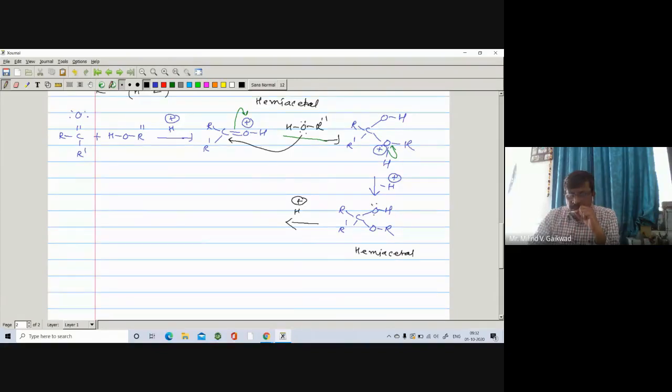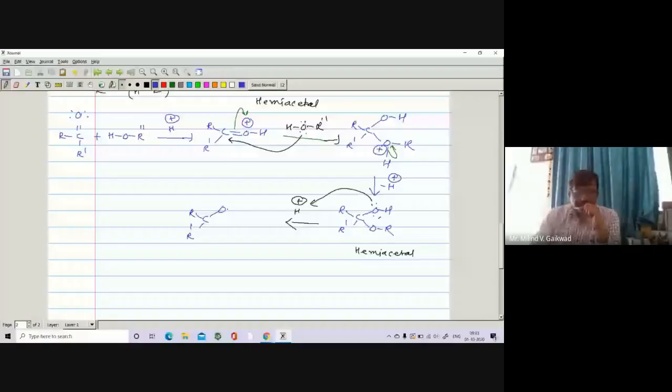The lone pair on this oxygen undergoes protonation, and you get here R, C, R dash, O, H with a positive oxygen, and here O, R having the two lone pairs. Now in the presence of acid, it undergoes removal of water, right?